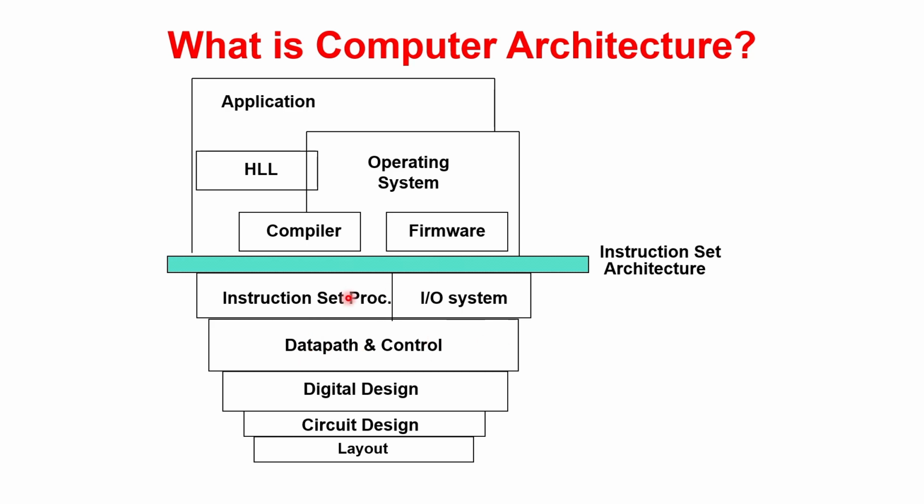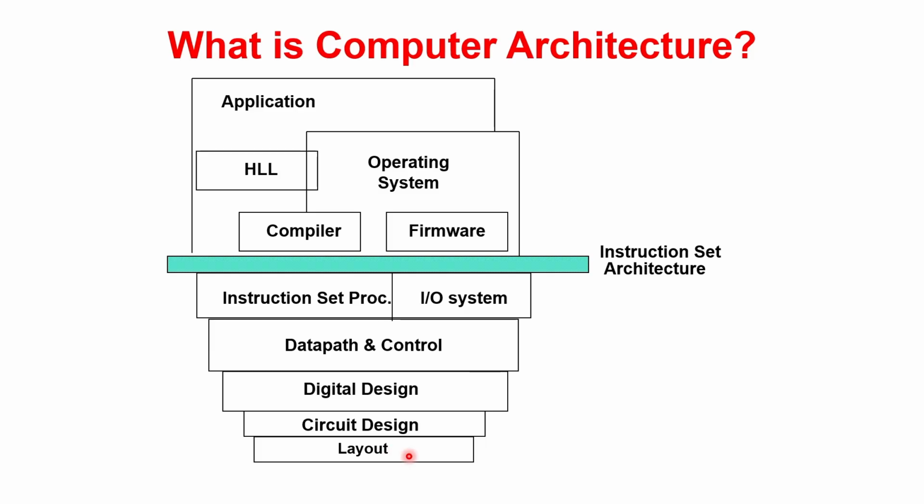Going further down, we have digital design, which deals with the logic gates and flip-flops. Below that is the circuit design, which deals with the transistors and the electrical components. Finally, at the bottom, we have layout, which is the physical placement of the components on a silicon chip.